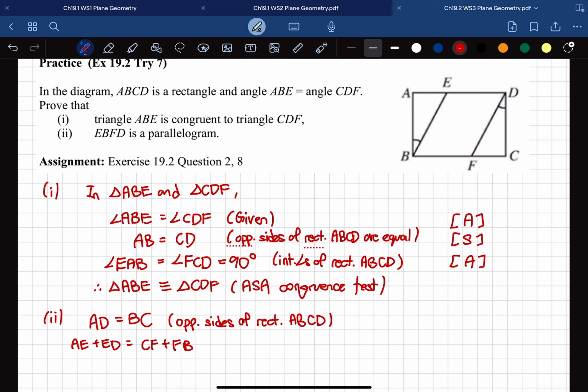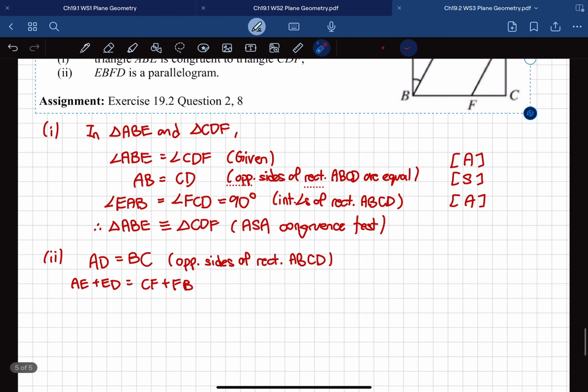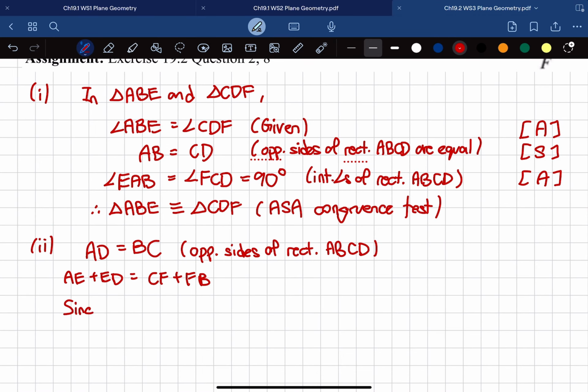And since I have shown in part 1 that these two triangles are congruent, since triangle ABE is congruent to triangle CDF, I know that AE is equal to CF.